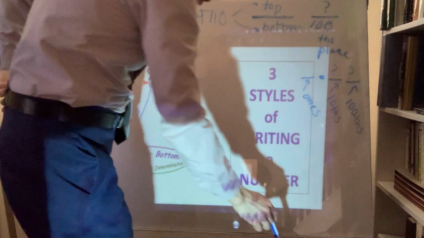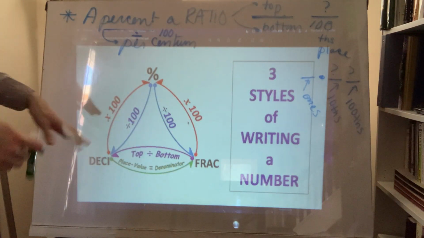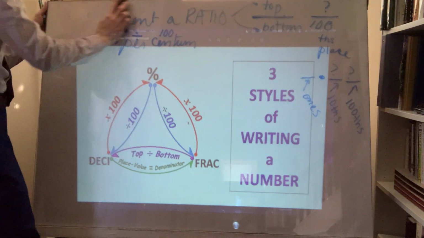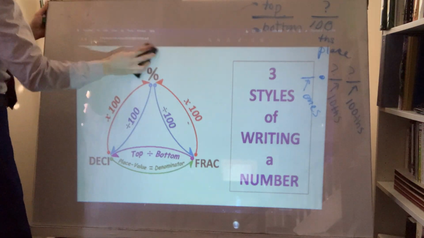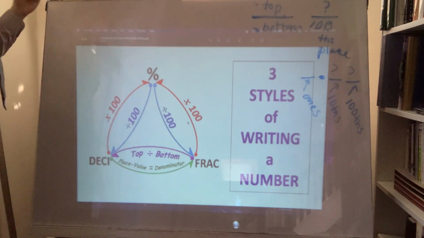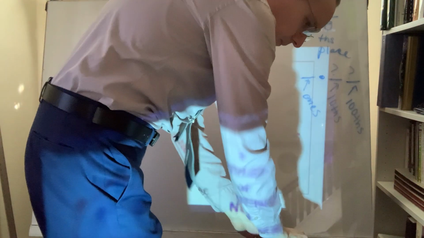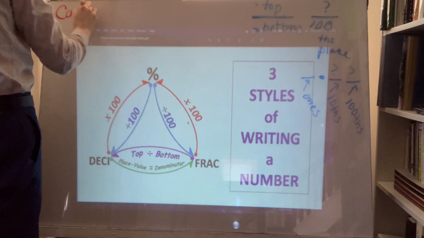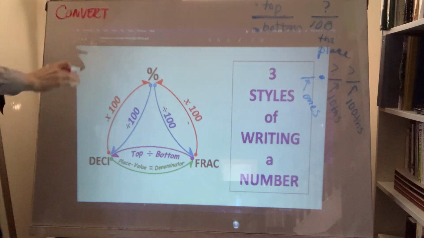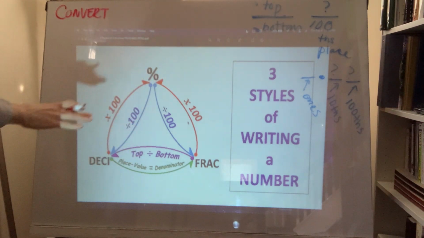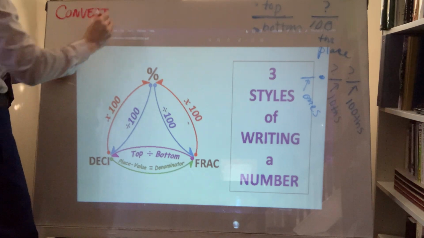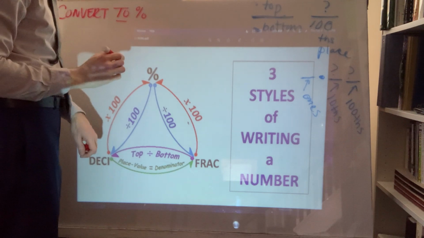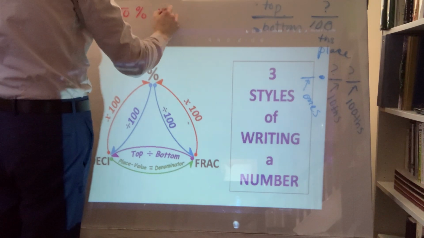All right. In a nutshell, and I may erase this just for the sake of space. I don't want to move the projection so much. Hopefully this is visible. When you convert, regardless of what you start with, decimal or fraction, if you're converting to a percent, just recognize that you need to multiply by 100.